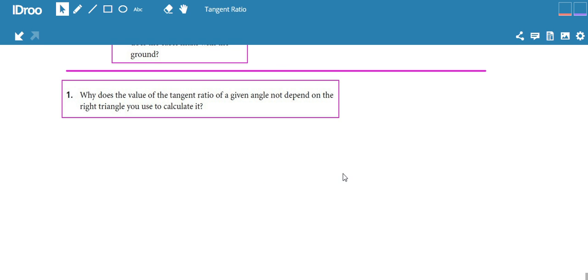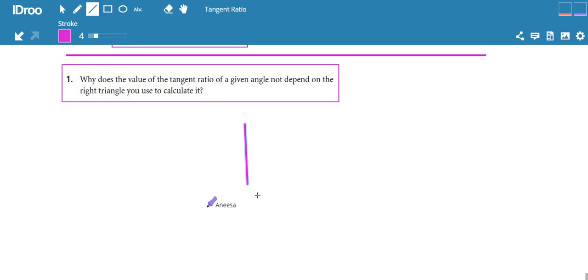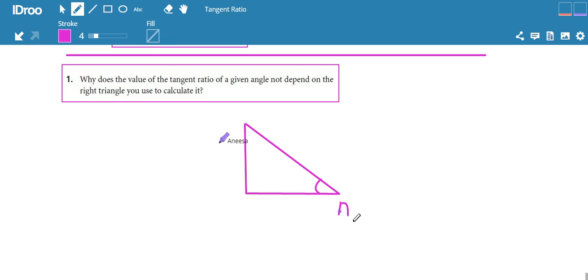Basically, say this is a right triangle. And he says, why does the value of the tangent ratio of a given angle, right? This is a given angle, and say this is A, this is B, and this is C. Suppose you find tangent A, it would be equal to opposite over adjacent.